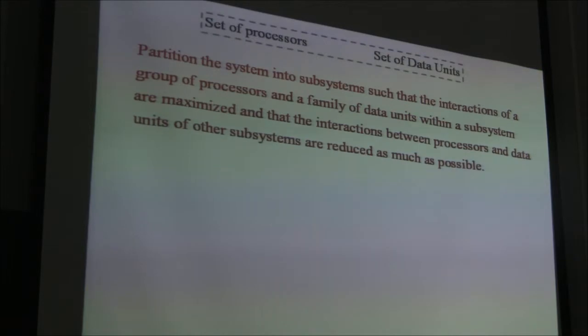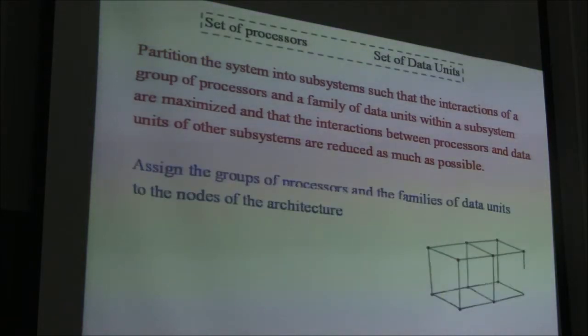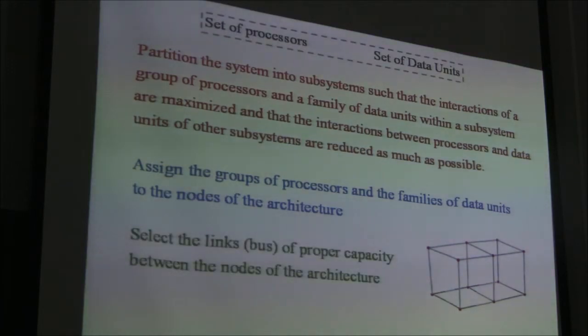This was the first step. The second step was to find a way to assign these groups of processors and families of data units to the nodes of the architecture. And the third step was to see how we can select the link with the proper capacity, allowing the interaction to go through the nodes. So these are the three steps that we identified.